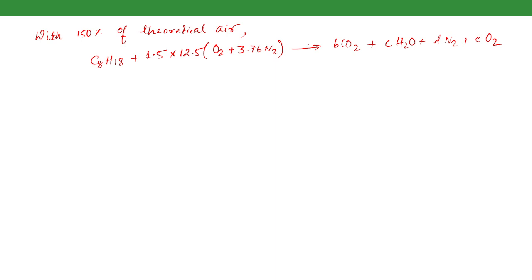Essentially, this will be the same as before, so we can write B is equal to 8 and C equals 9.